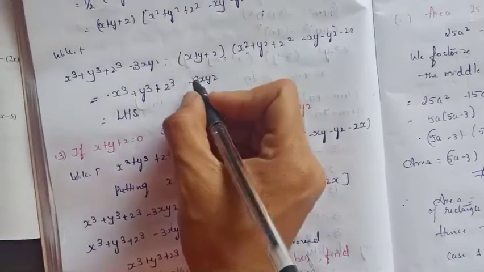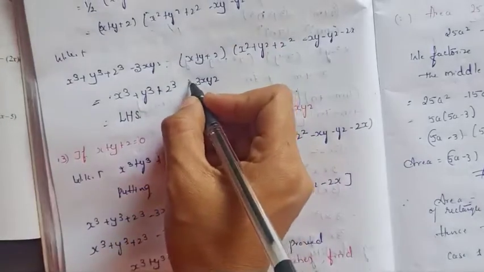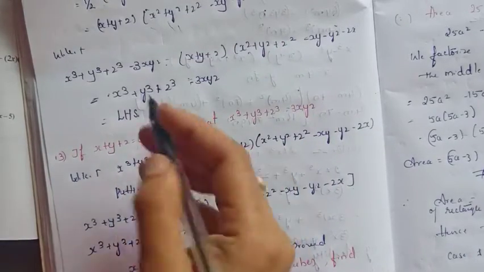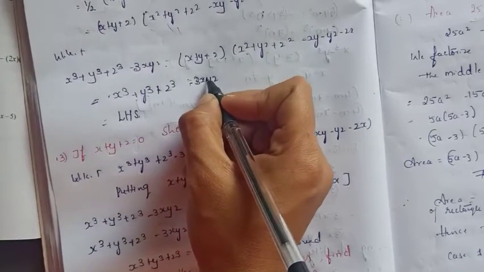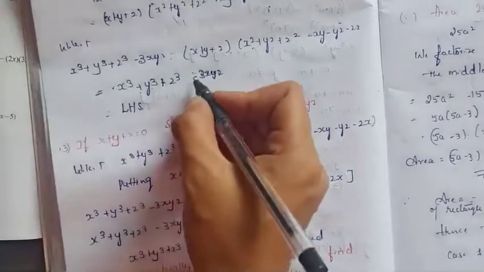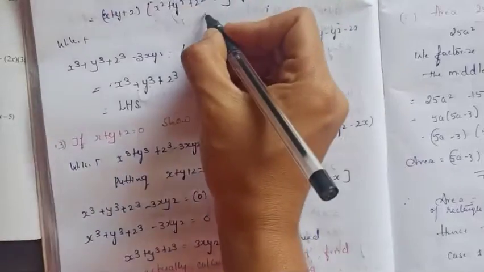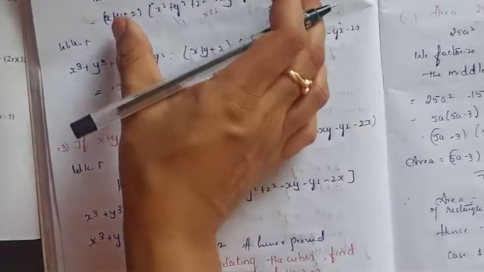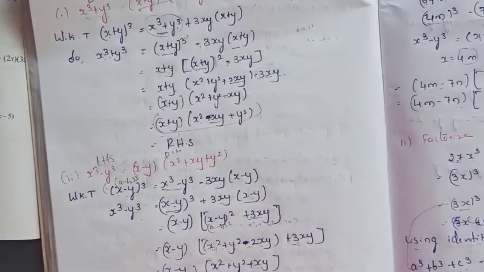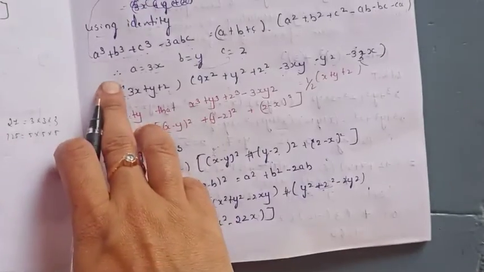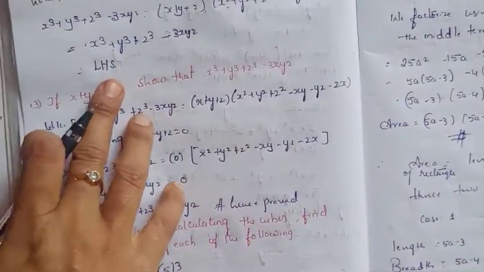Now this equals what is here, 3xyz. I applied this identity, a cube plus b cube plus c cube, and it reduces to the RHS and LHS part.